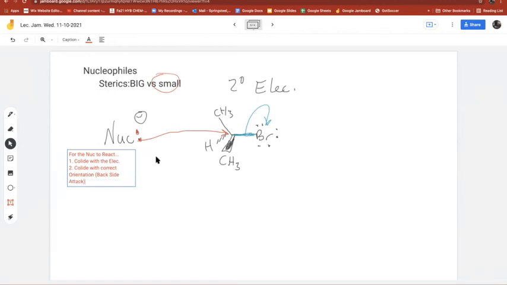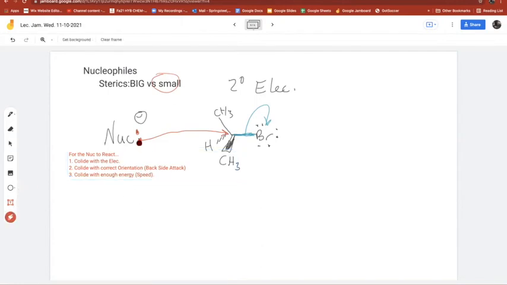It comes in from the front, no reaction. Three, it has to collide with enough energy. Or speed, right?